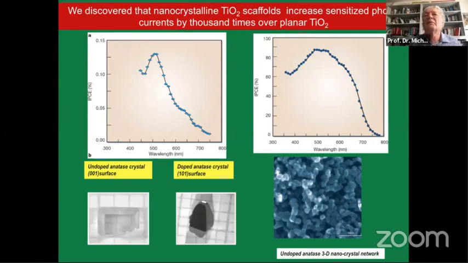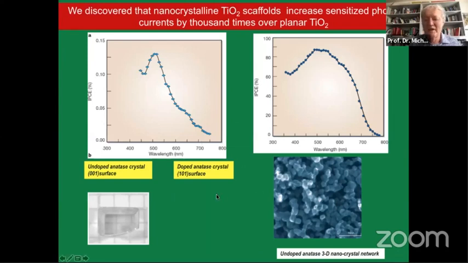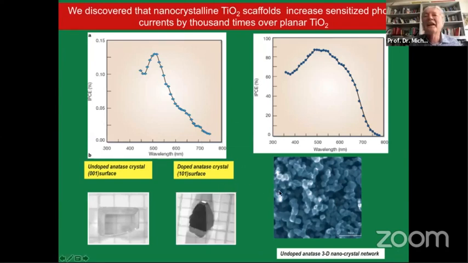But we came from a different angle. We were working on nanocrystalline films, and we had done a lot of fundamental research on these oxide nanocrystals, sensitizing them, understanding kinetics. This was all curiosity driven, until we decided to try a dye-sensitized experiment, and we found that the photocurrent went up by a factor between 1 and 10,000.